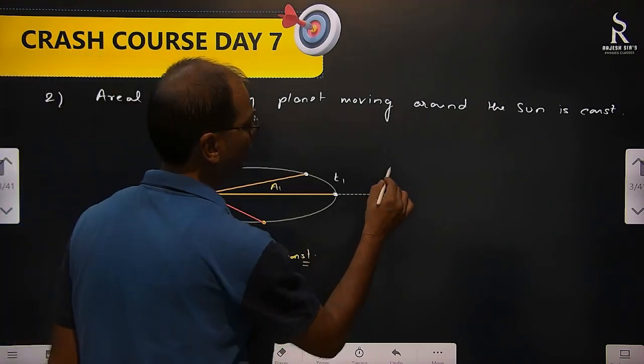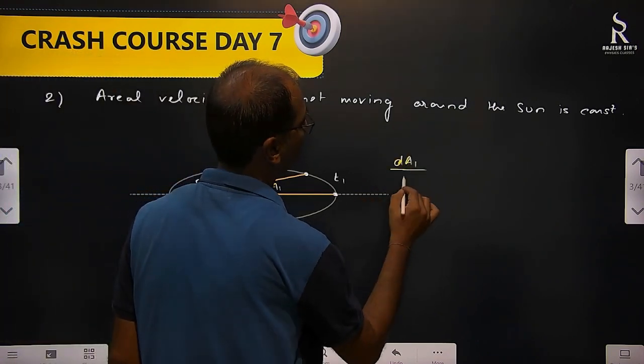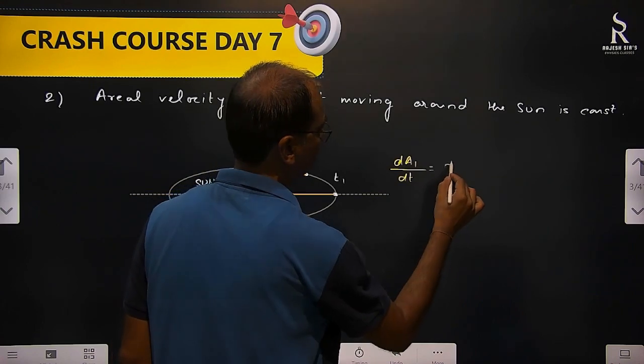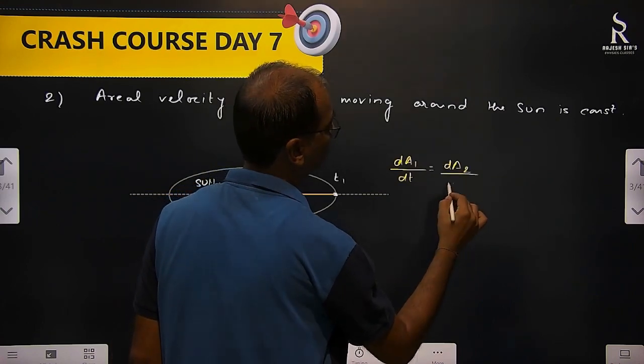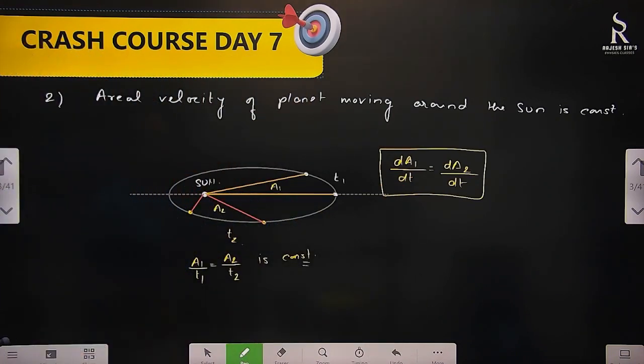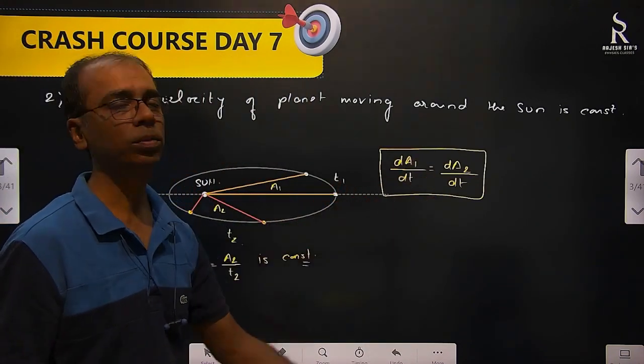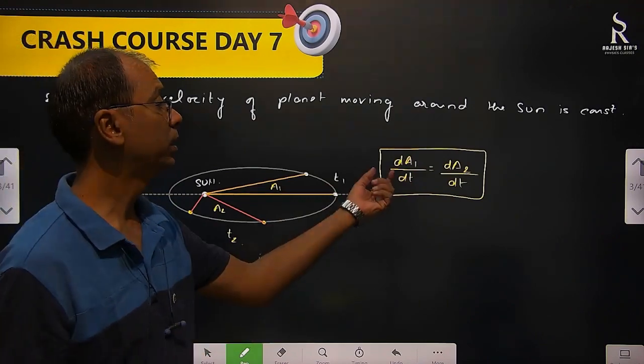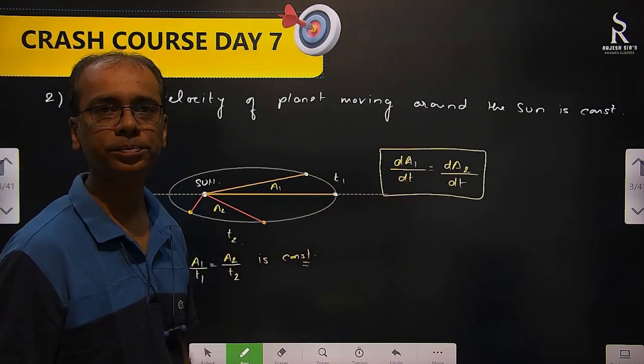Instantaneously, dA1 by dt is equal to dA2 by dt. The area swept by the planet per unit time is constant.